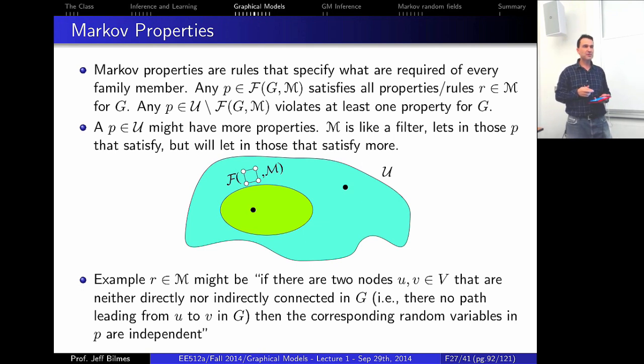It's not that there's something missing. That's a great question actually, because there are areas where one is trying to find the minimal way of specifying a Markov property.